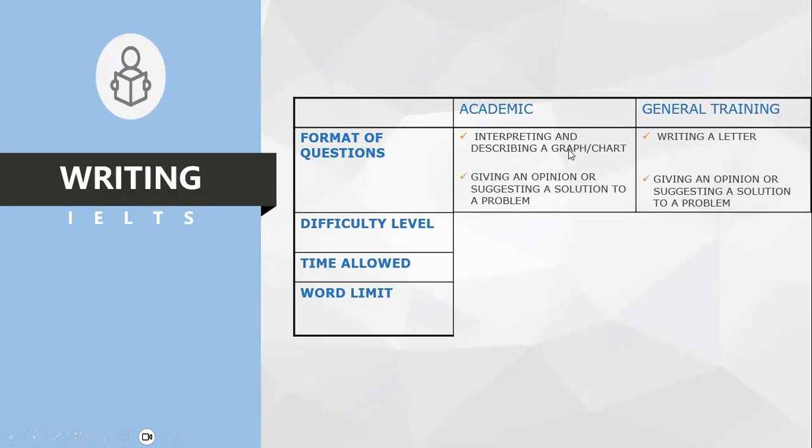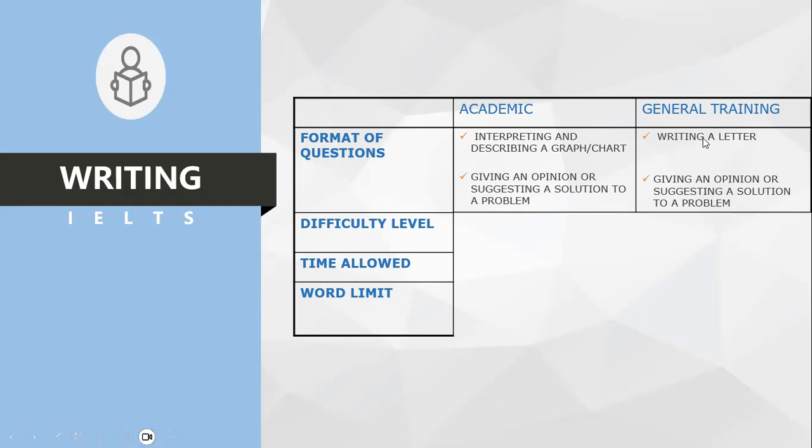The first task in academic is going to be a bit difficult because you're going to have graphs and statistics, as if you are watching the news, looking at stocks, for example money, the number of people getting married in some place, the number of cars being purchased, in 2 or 3 different countries. So you're going to compare a lot of information together.